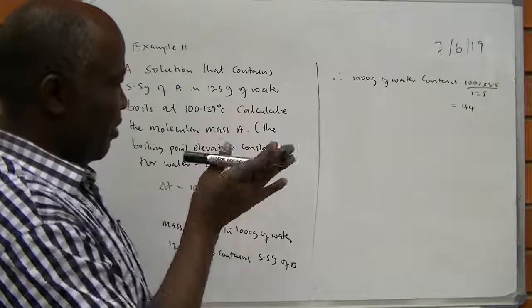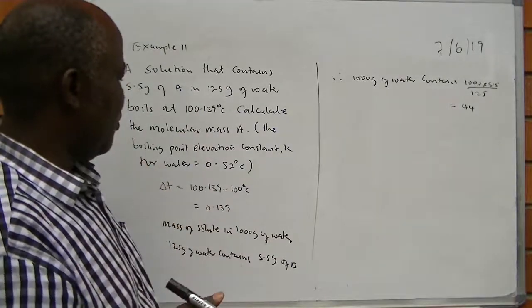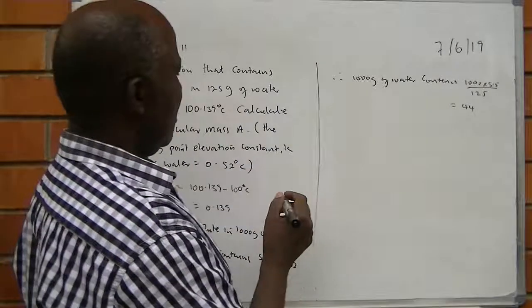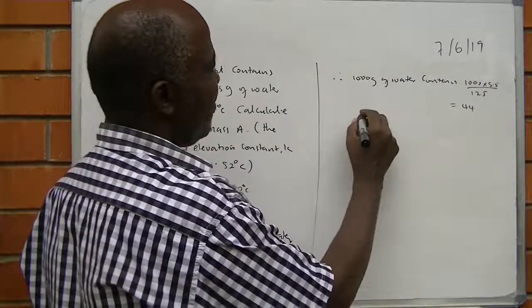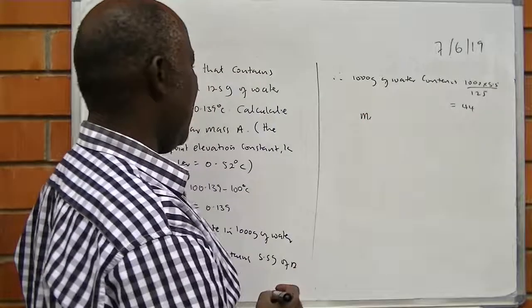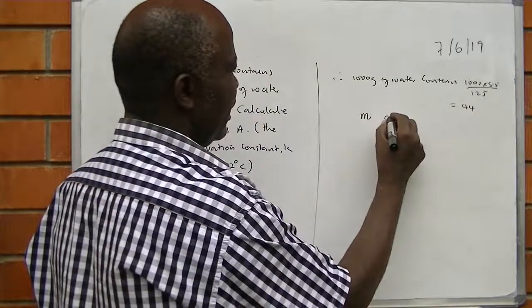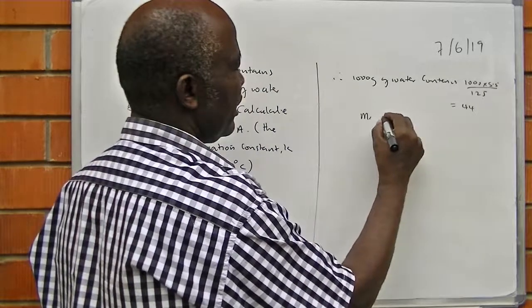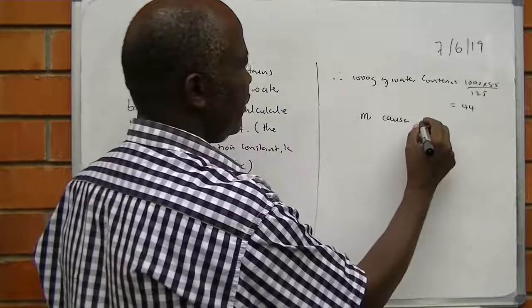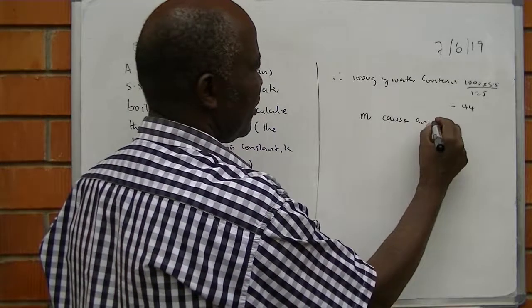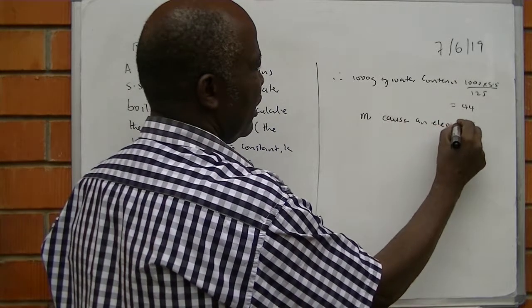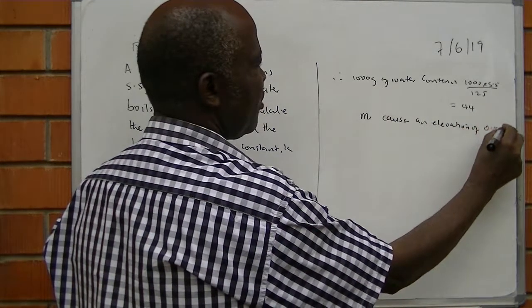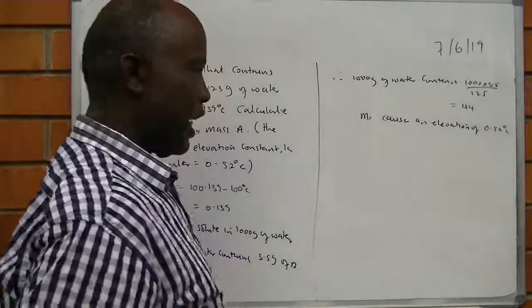Now we want to get the molecular mass of A. We know that if the molecular mass of A is Mr, it causes an elevation of 0.52 degrees Celsius.